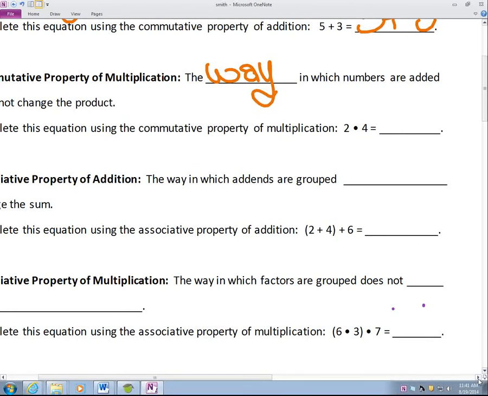The commutative property of multiplication, how do we change that one? 4 times 2, I agree with you. No, because the equal sign's right here. It's just saying that this guy is the same as this guy, and this guy is the same as that guy. The commutative property of multiplication.